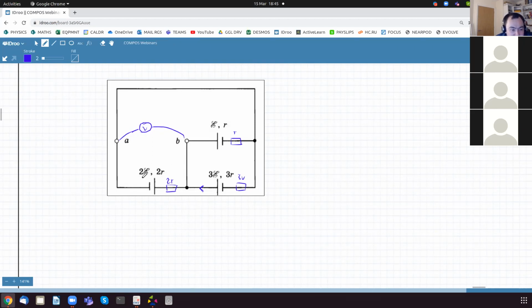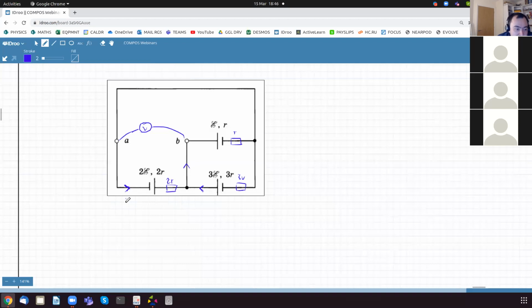This is two EMFs. So basically, if you look at this battery, it's pushing against this battery. And so this battery is unlikely to overcome this battery. Therefore, I'm going to assume that the current goes this way. And here, if current goes in and current goes in, the only way it could go is here. So it can't be the other way around.